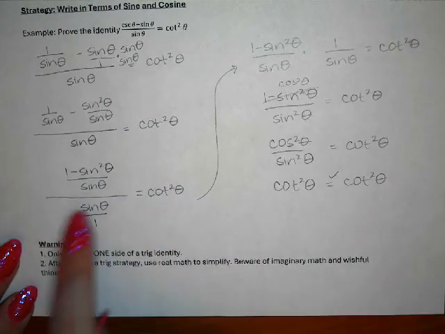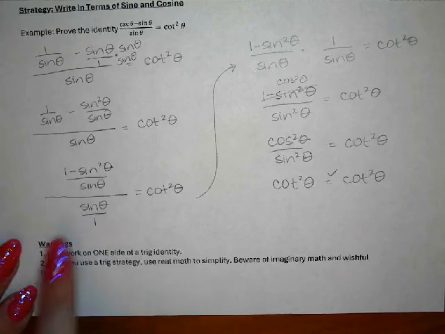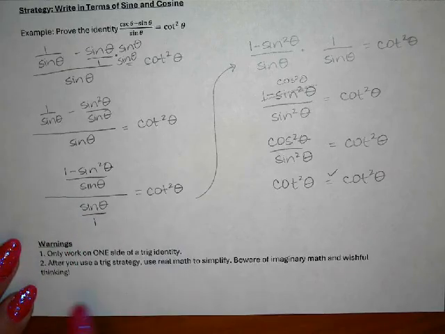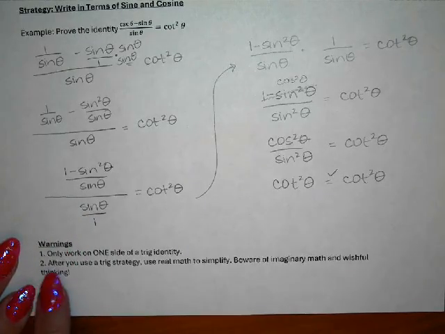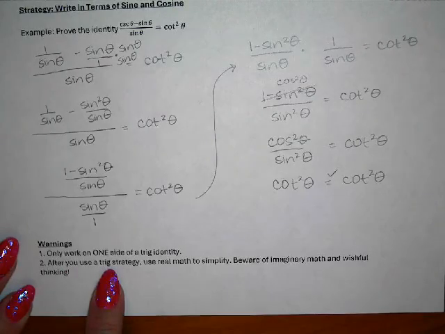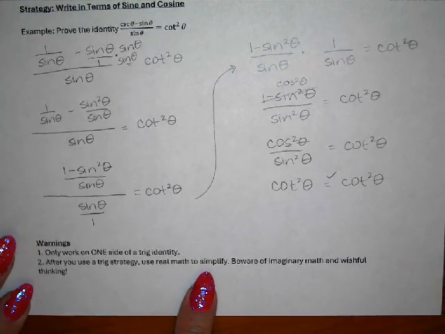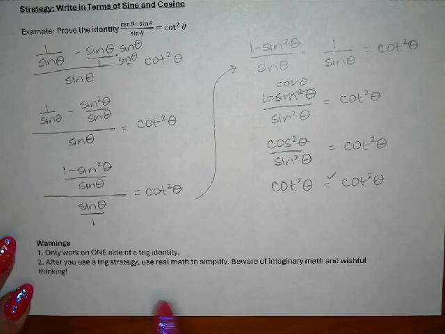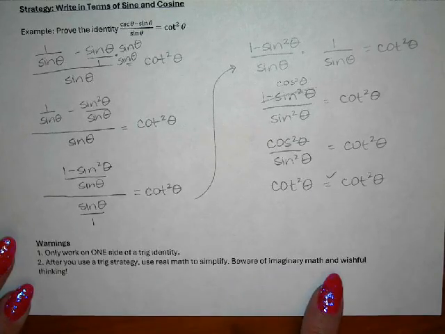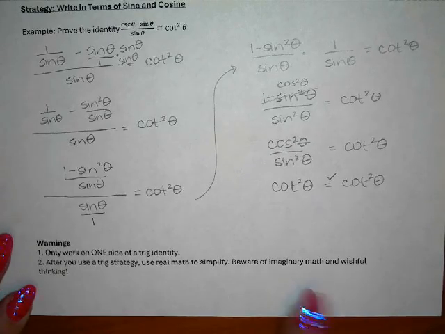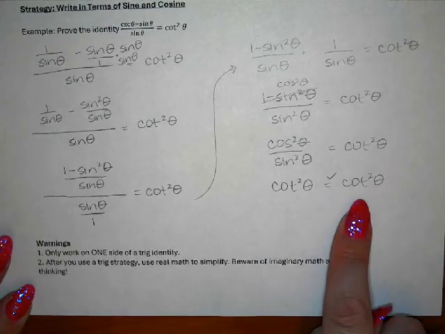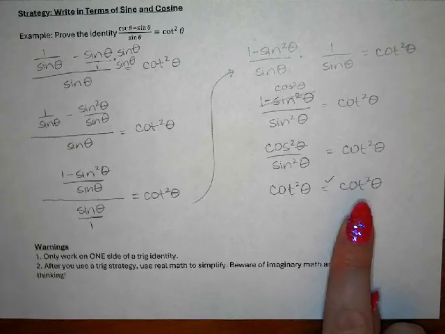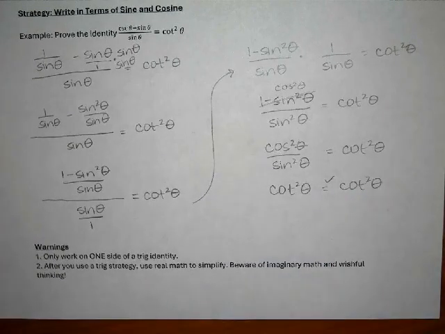Second, after you use a trig strategy, use real math to simplify. And I said this throughout the video, but the thing I want you to be careful of is making up math and having wishful thinking and kind of forcing it because you know what the answer is supposed to be. This is the type of lesson where I usually start to see students show some crazy stuff that's not actually true because they're trying to force it.